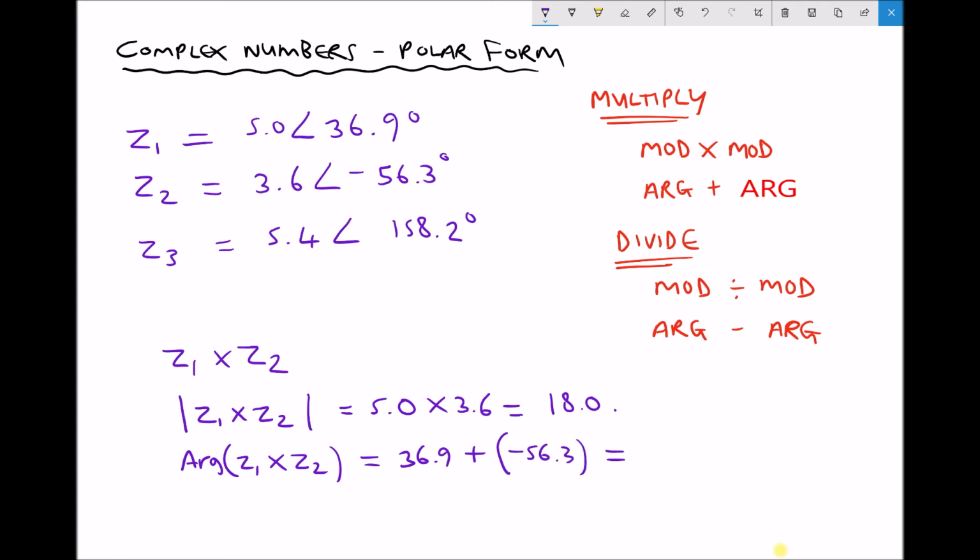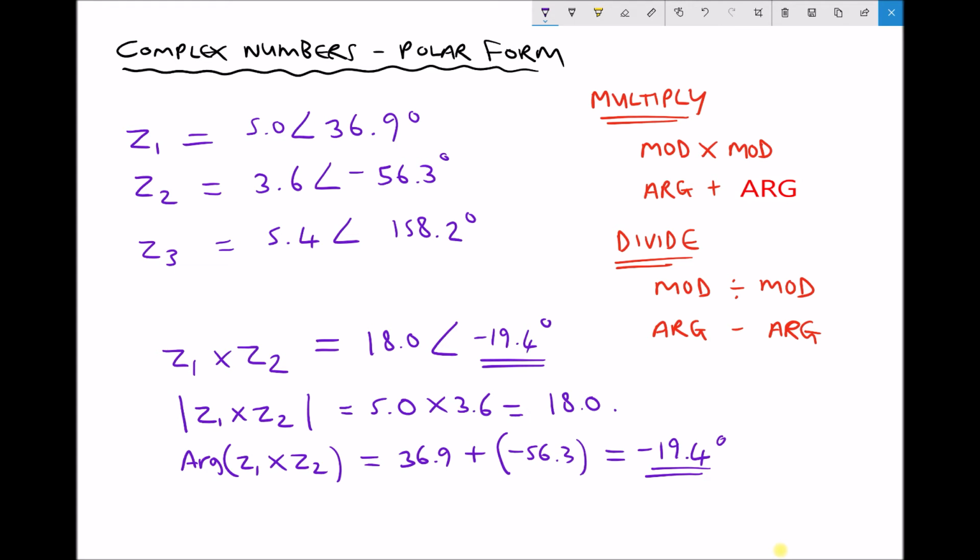That's the same as 36.9 minus 56.3, which comes out to be minus 19.4 degrees. Therefore, Z1 times Z2 can be written as follows: 18.0 at an angle of minus 19.4 degrees. And remember that we could always express that as a positive argument if we wished.